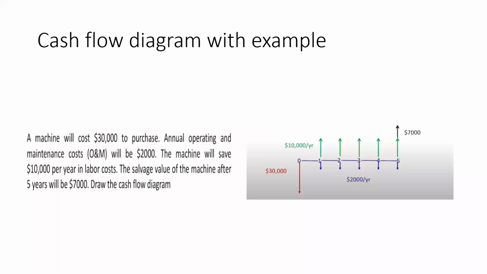I'll be getting 10,000 naira as return, and expending 2,000 naira for maintenance annually, so the net money I'll have is 8,000 naira. And 8,000 naira is positive, which means it will be facing up. Same application goes for the second, third, and fourth year.